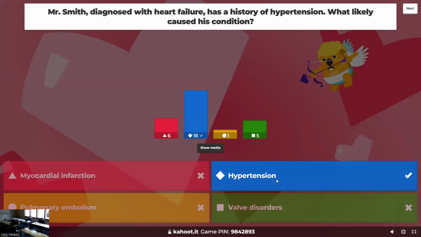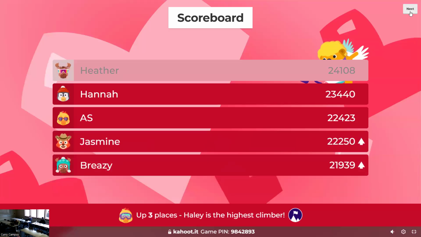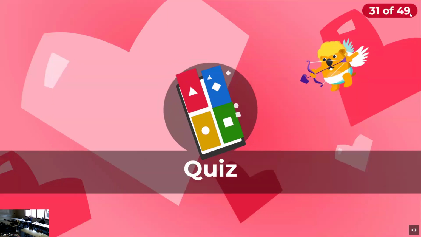Hypertension. That's the biggest cause of heart failure because you're stretching out those ventricles with that high blood pressure, and it's losing some of its compliance to pump correctly. All right, Heather's in the lead. Okay.